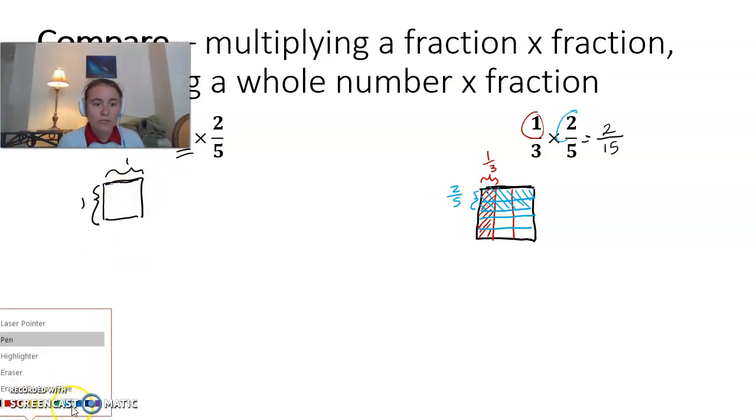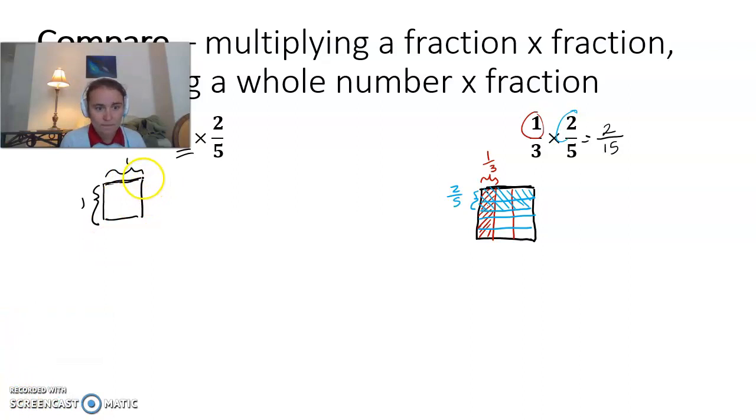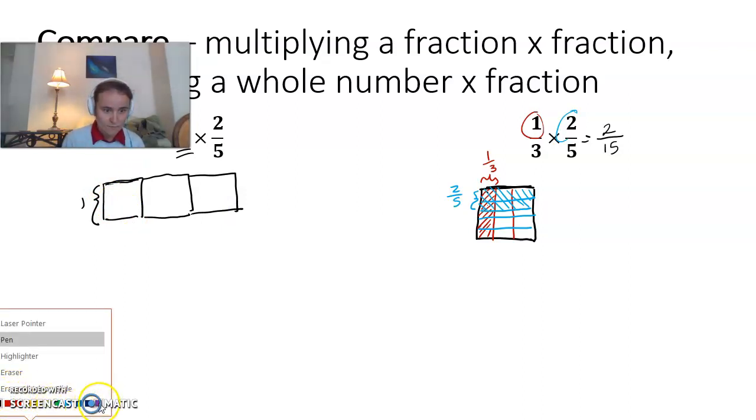How many more squares would I need? I would need 2 more squares to equal 3. So I'm going to draw in 2 more squares. 1, 2. Okay, so now this side represents 3 wholes.